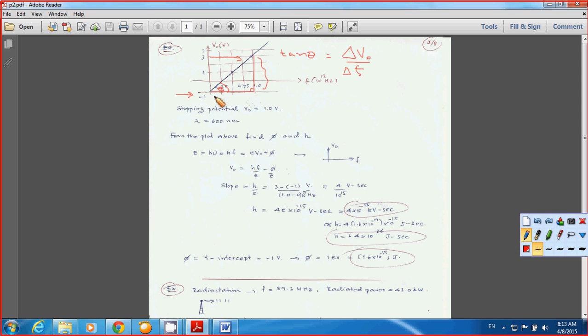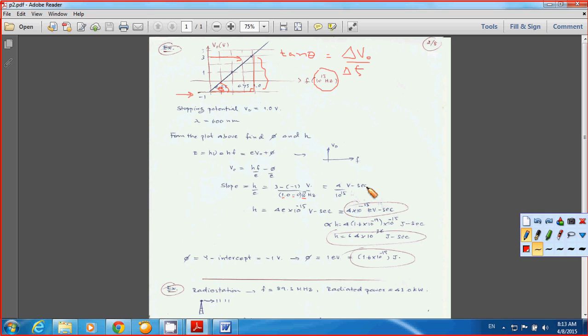Starting from 0, I have 1 minus 0, so I have 4, and then don't forget to multiply by 10^15 hertz. So I have 4 over 10^15 volt second.